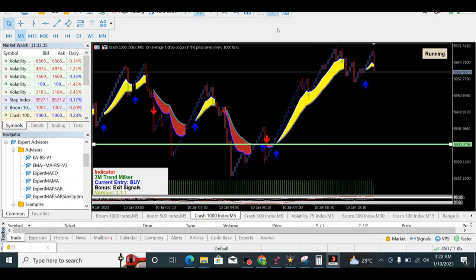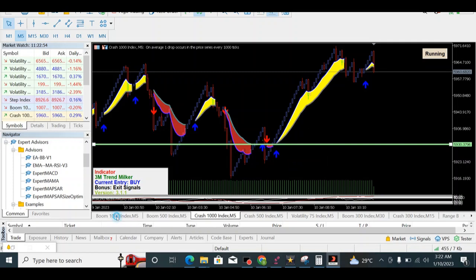All you just need to do is to have the same setup I am having on the chart, then take your time frame to 5-minute time frame, then follow the instruction. For crash 1000, make sure it is coming from the support zone, make sure you've seen the yellow flag, and make sure you have also seen the buy signal.